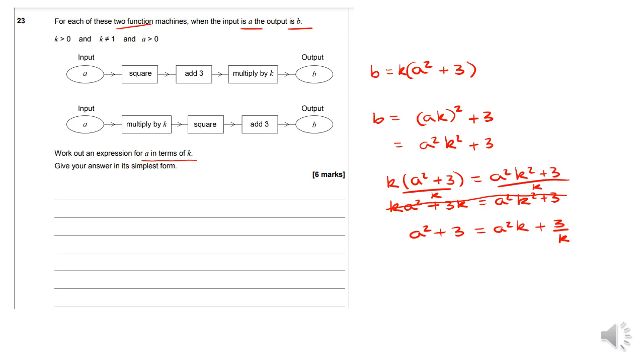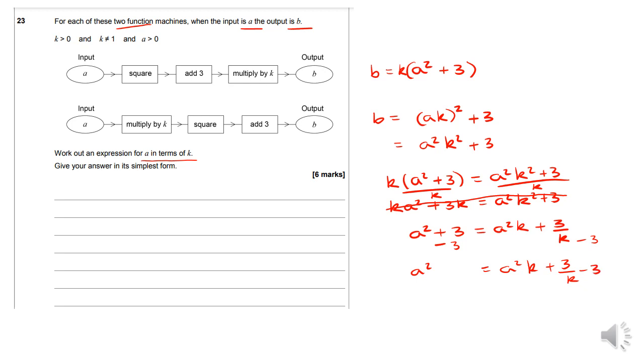Next up, what could I do? I'm going to take away 3. In fact, no, do one thing at a time. So I'm going to take away 3 over here. That leaves me with A squared is equal to A squared K, add 3 over K, take 3.